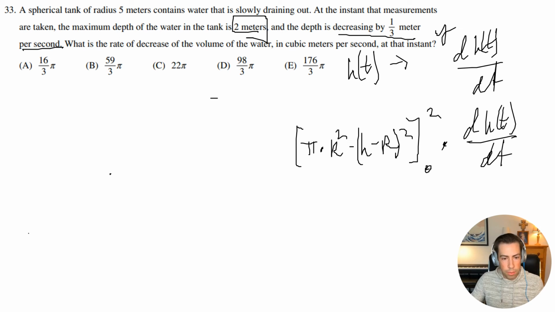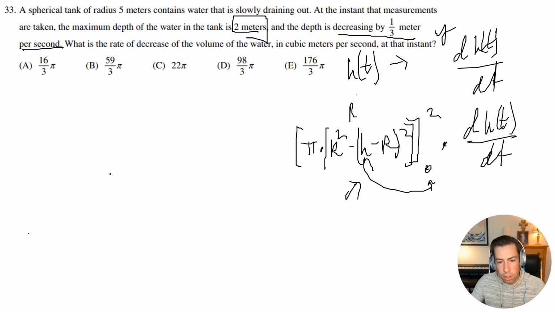All right, so now let's go ahead and evaluate what this is equal to right here. And sorry, this pi should be multiplied by everything here. Let's just look at this lower limit. If I plug in 0 for the height, and then I square that negative r, I'm going to get a positive r squared. So I'm going to get r squared minus r squared, which is just going to go to 0. So I'm just going to ignore that for now, and I'll stick with my upper limit here.